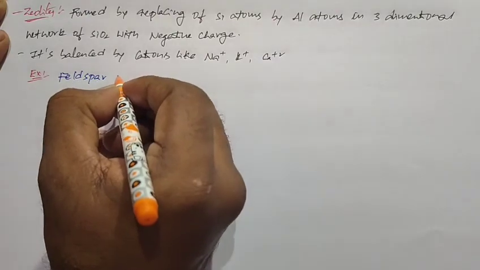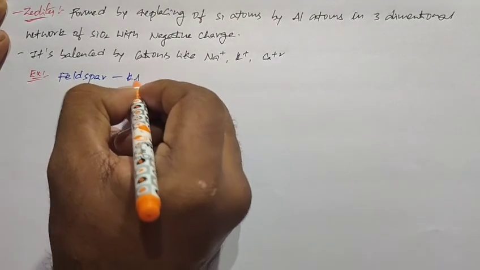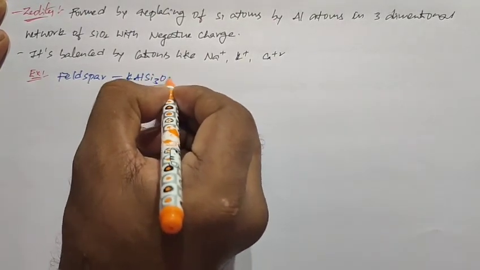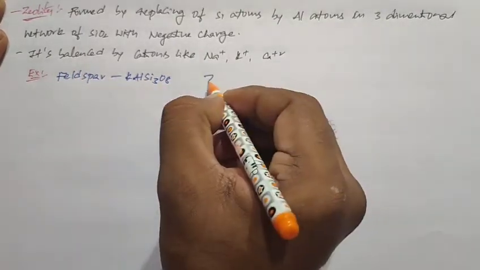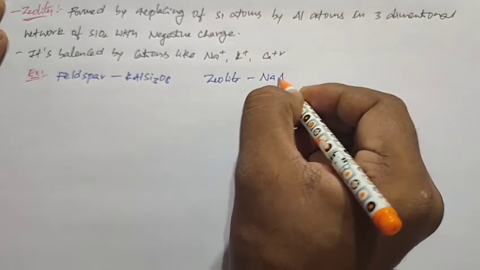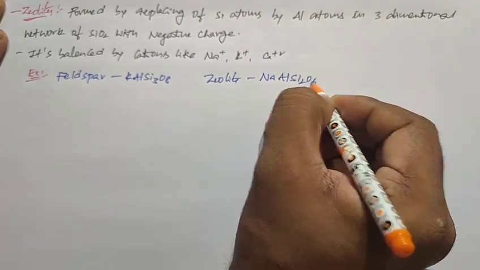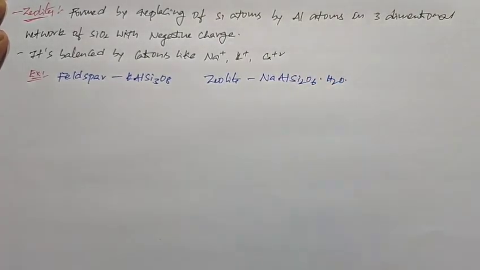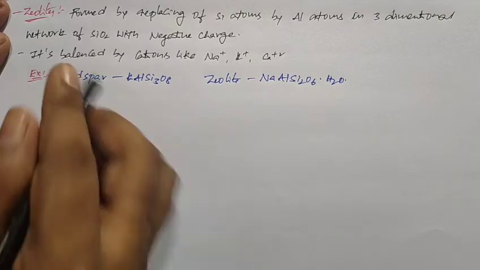Its formula is KAlSi3O8. Another one is zeolite, whose formula is NaAlSi2O6·H2O.